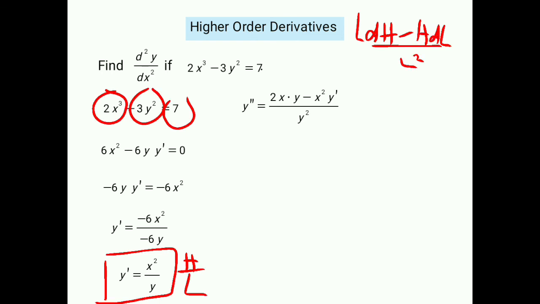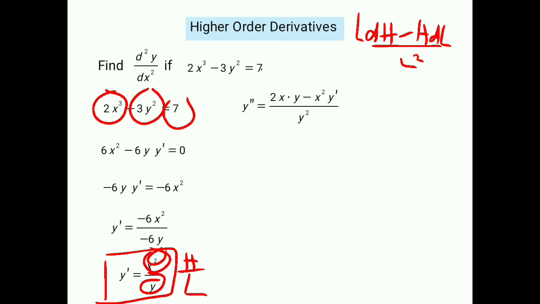So, first low, tapos derivative ni high is 2x, minus high, which is x squared lang, times the derivative ni low. Anong derivative ni y? Y prime, diba? Over low squared.